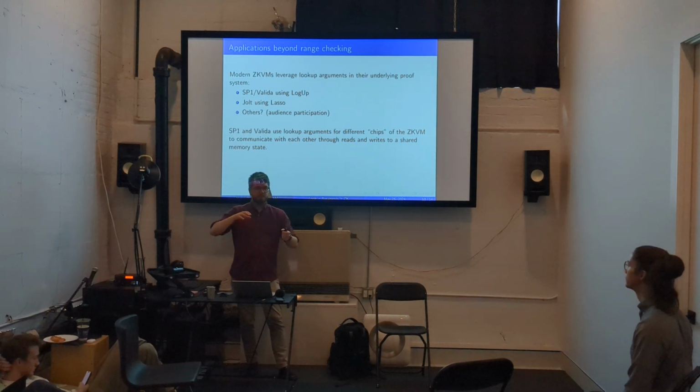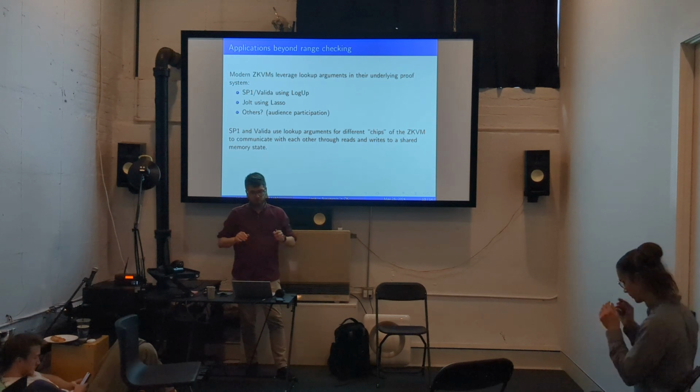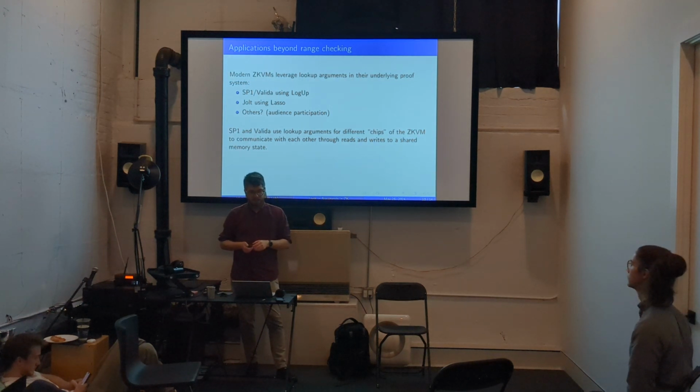SP1 is a ZKVM for the RISC-V architecture, and you have different chips for all the different kinds of operations that you would do in RISC-V, different opcodes. Lita is similar, and in order for these chips to communicate with each other, you use a common read-write memory that's implemented in terms of lookups, in terms of the logup.